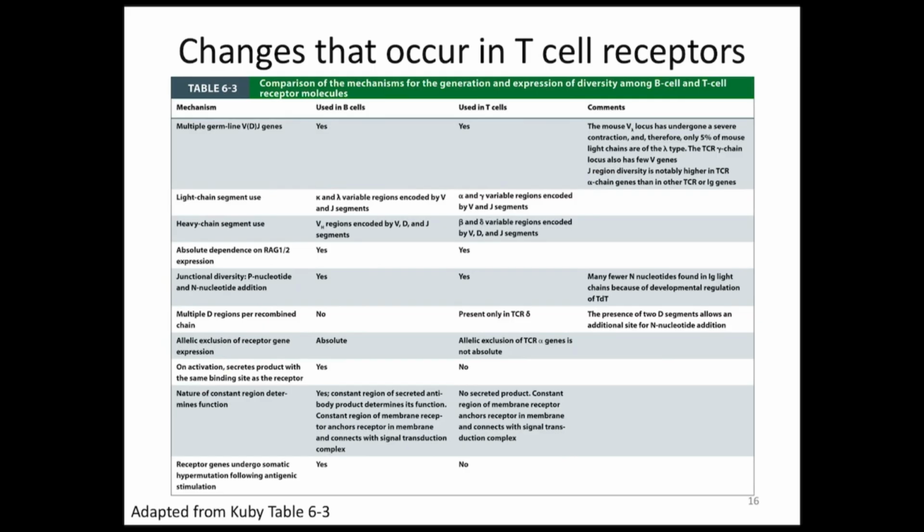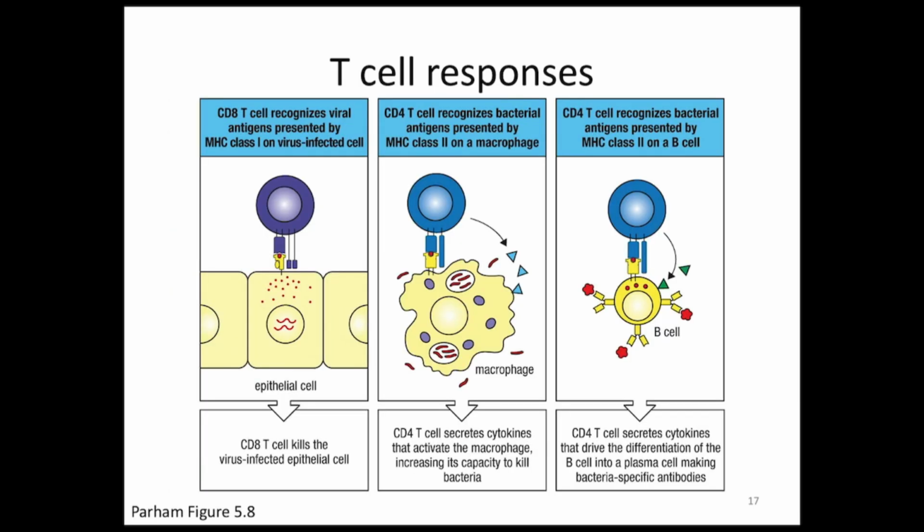Asterisk. Because there's one other thing we have to think about. When I talk to you about T cells throughout this semester, when I talk about T cell responses, when we think about CD4s, when we think about CD8s, we're really thinking about very classic types of T cells. Sort of the general, normal types of T cells.